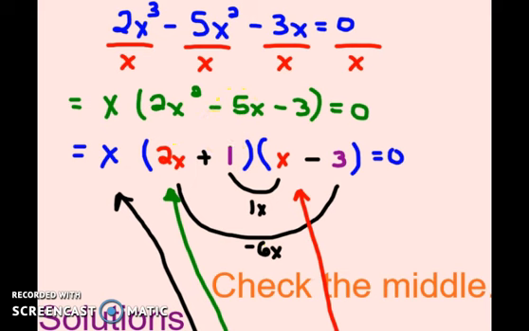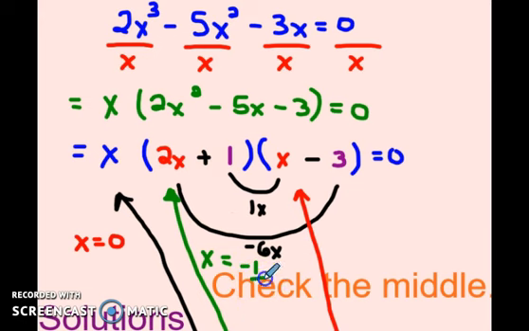Now find the solutions. If I have x by itself, x equals 0 is a solution. Remember at the beginning we said that since it's a cubic, we're going to have 3 solutions. For the next one, I'm going to cover the 2 right here and pretend the 2's not there. x would have to equal negative 1.